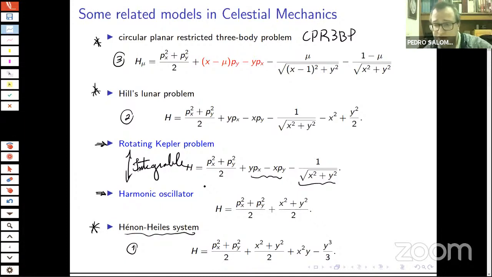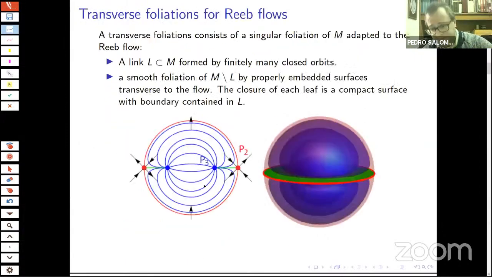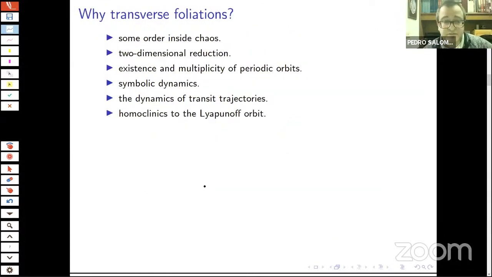Although the dynamics could be extremely complicated, it is possible to show that it admits this type of transverse foliation, which gives us a good idea of what's happening with the flow for those systems, even if the underlying dynamics between the leaves, which is transverse to this foliation, might be very complicated. So this is more or less what I wanted to say.